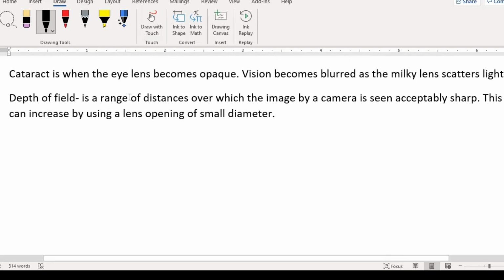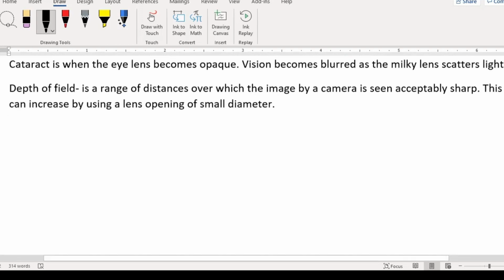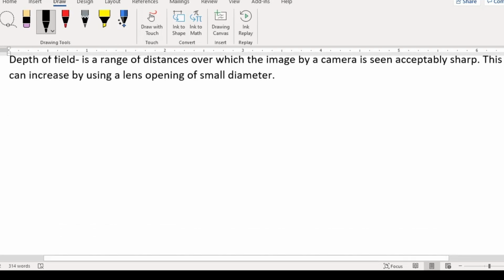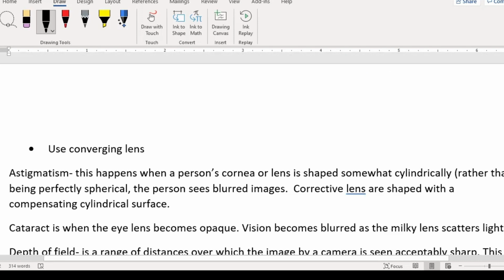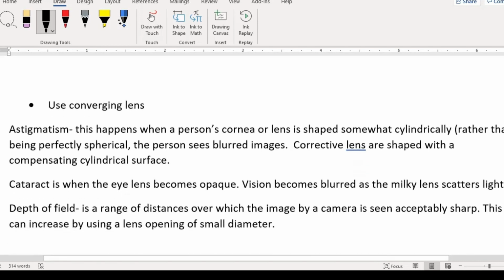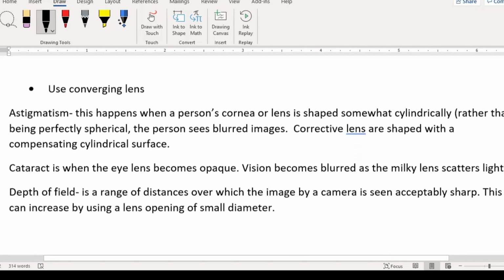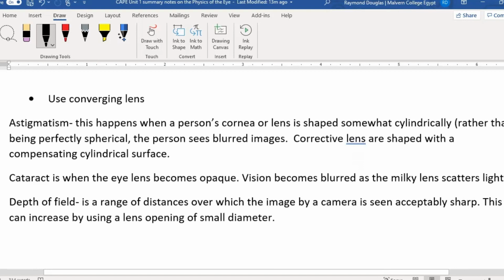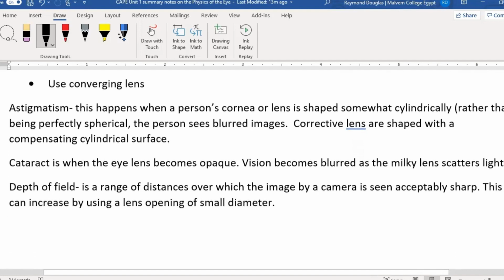Please make sure you research it a little more, so you can identify the depth of field on a camera.